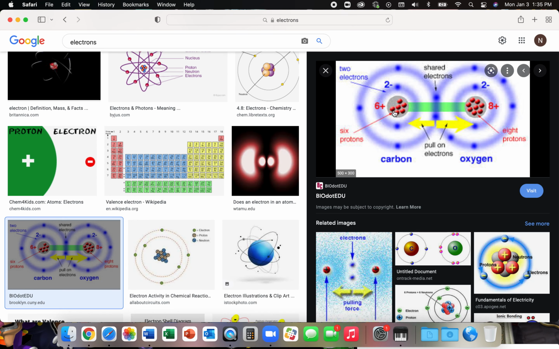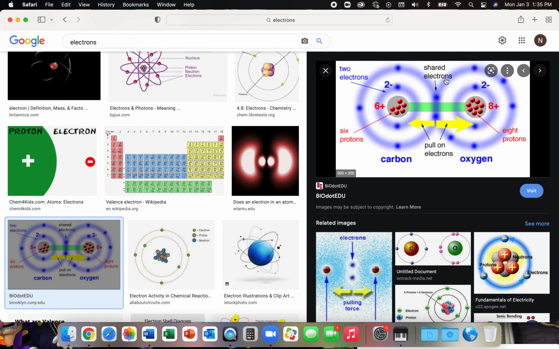Sometimes, and usually it's actually a lot more often than sometimes, atoms such as, just for the example of this, carbon and oxygen, pull each other. The nucleus, which is what the protons and neutrons in the middle are called, pulls the other electrons close together. So the outside electrons on each of them will form a bond right here.